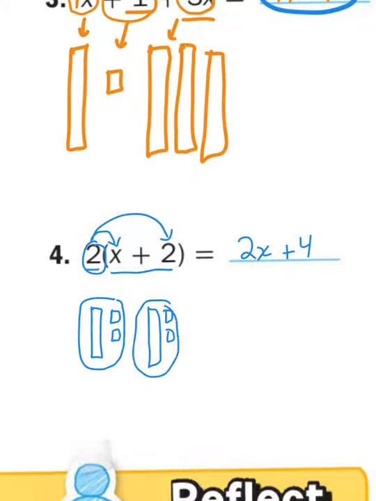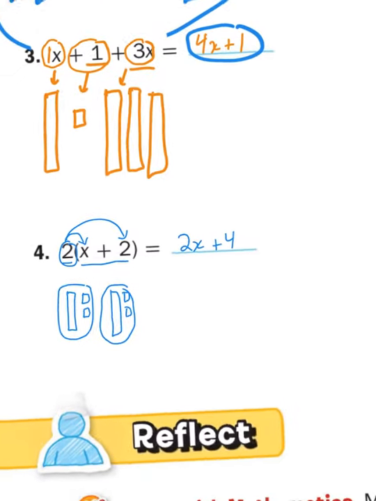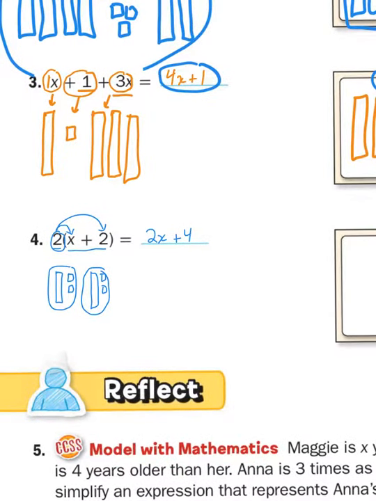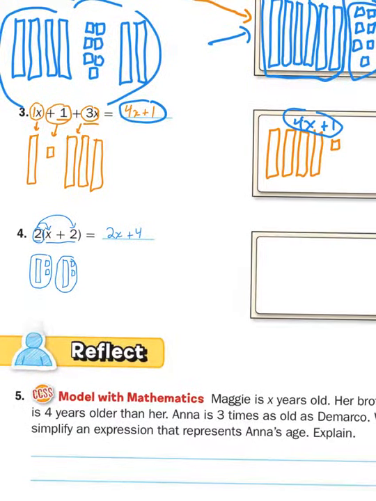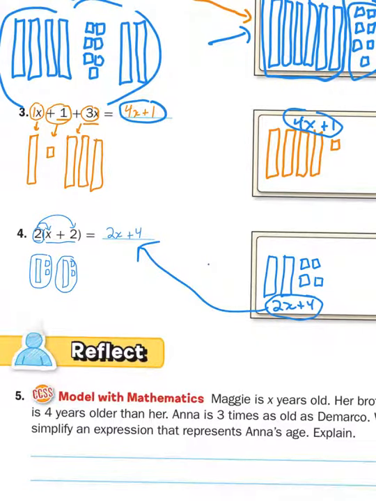Now when I simplify it, I just group all my x tiles together and all my 1 tiles together. So I start with putting those two x's together, and then each group had two 1s, so I put those together, and notice I get 2x plus 4, which is exactly what I have here.